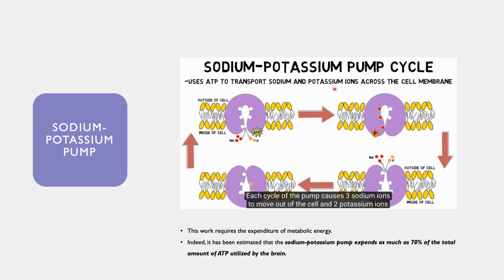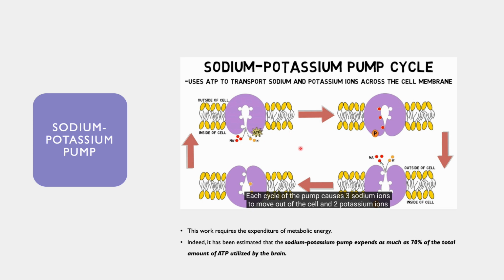Interestingly, when these 3 ions reach the extracellular fluid, 2 potassium ions are able to come back through the channel. When the 2 potassium ions travel back inside of the cell, this dephosphorylates the ion pump. And so essentially, dephosphorylation ensures that the sodium-potassium pump goes back to its original shape.